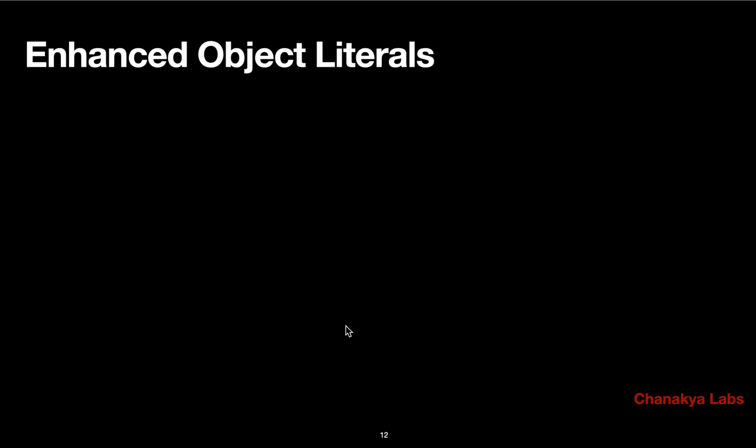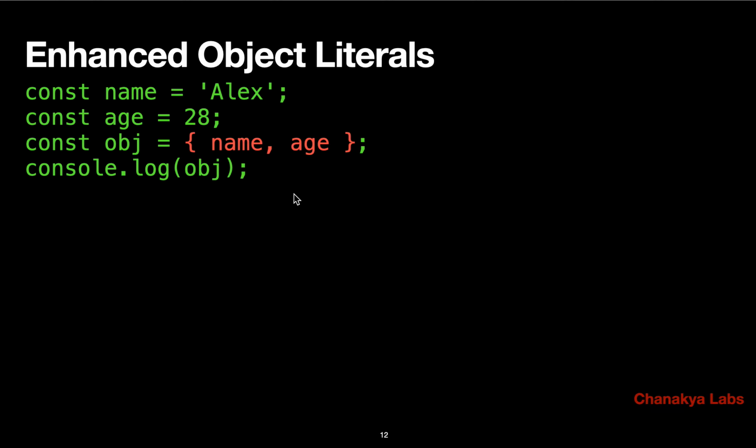Okay. Now, the final small point is regarding object literals. There is a short syntax for creating objects in a shorter way if the name of the keys of the object is the same as the name of the variable.